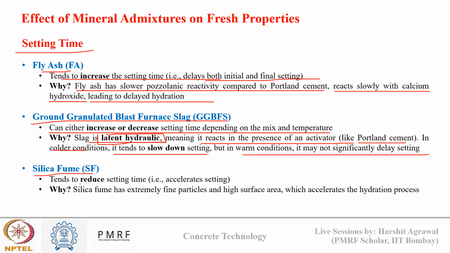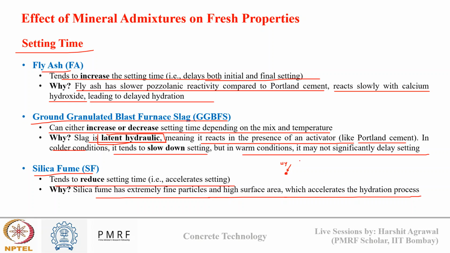And silica fume will reduce the setting time. Why? Because it is an extremely fine particle and it has very high surface area. Since it has very high surface area, it promotes hydration on its surface. It accelerates the hydration process. So what happens? Silica fume provides surface for the hydration reaction to occur, and due to this, it accelerates the hydration reaction.